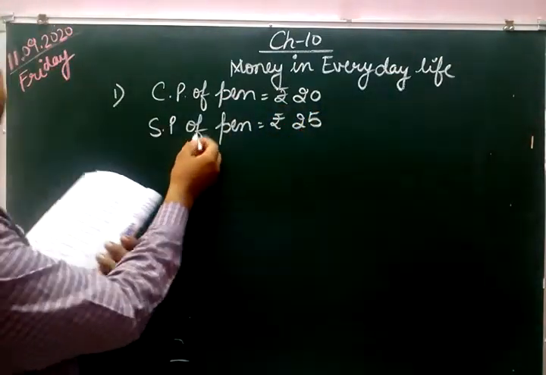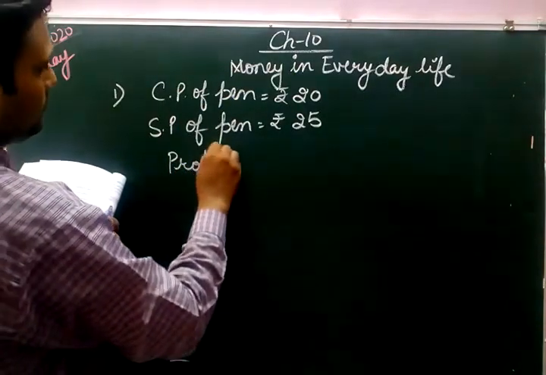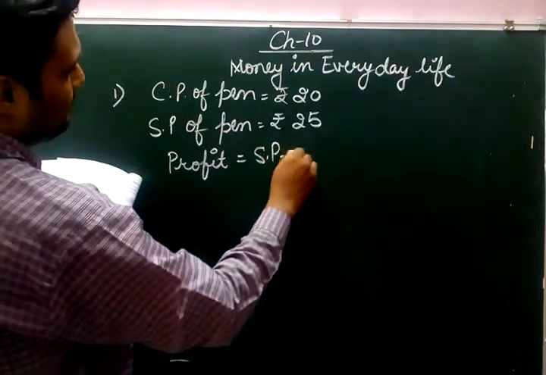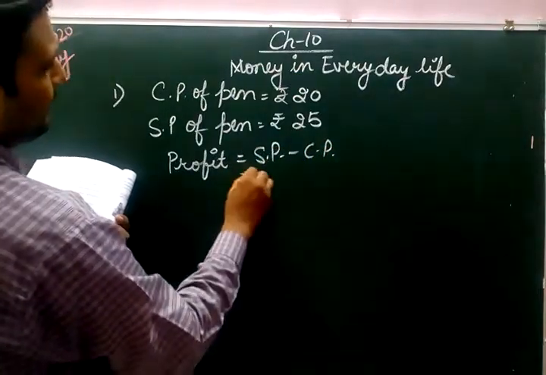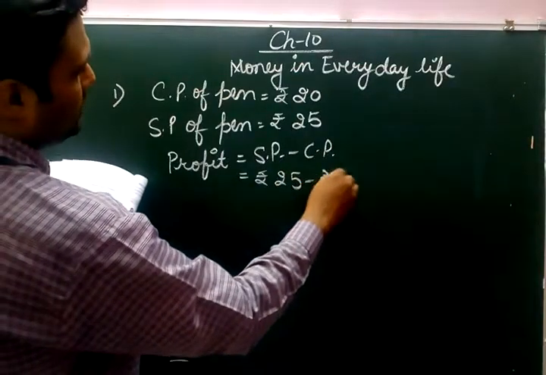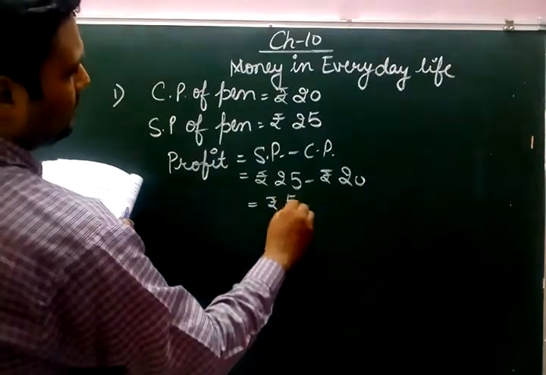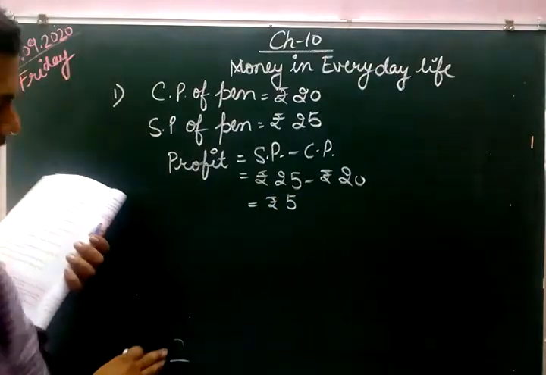When selling price is greater than cost price, we have a profit. Profit equals selling price minus cost price. Rupees 25 minus cost price rupees 20. So we have a profit of rupees 5.